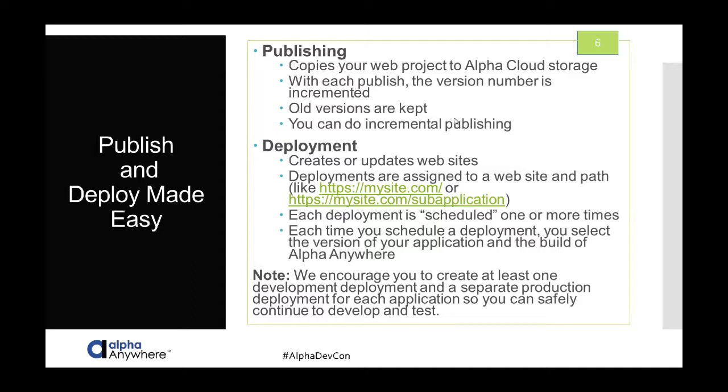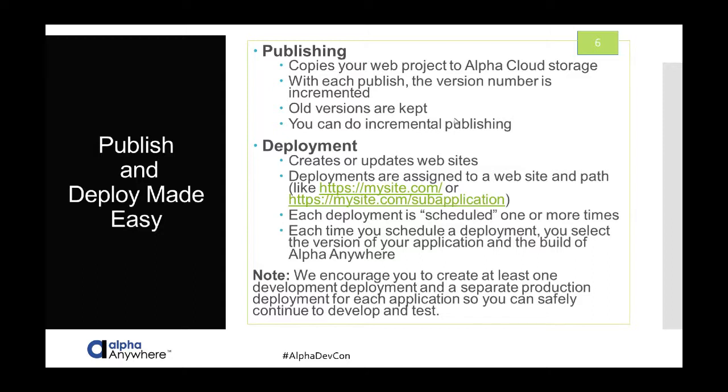Deployments are assigned to a website and path like mysite.com/ is the root application for a website, but you might also have an application path like sub-application in this example, meaning that you have a root and a child application both running on the same website. Now, each deployment is scheduled, and you'll hear us use the term scheduling an application one or more times.